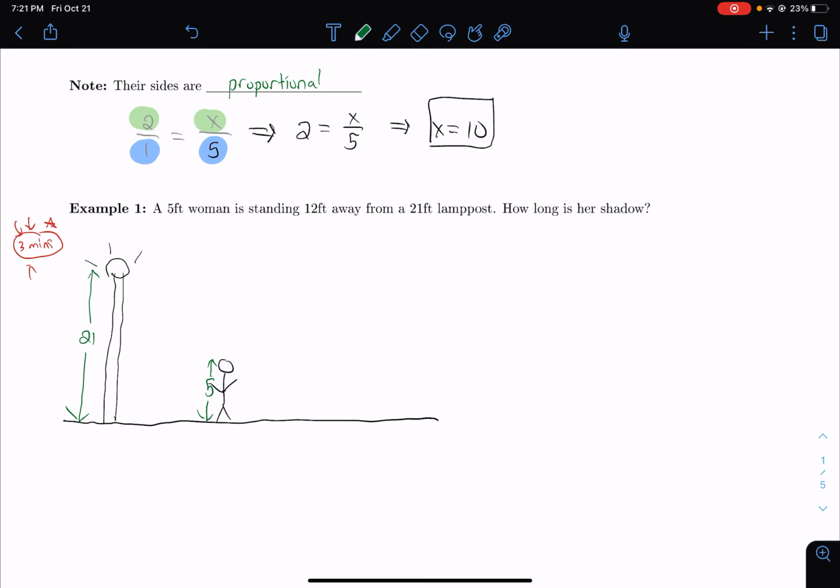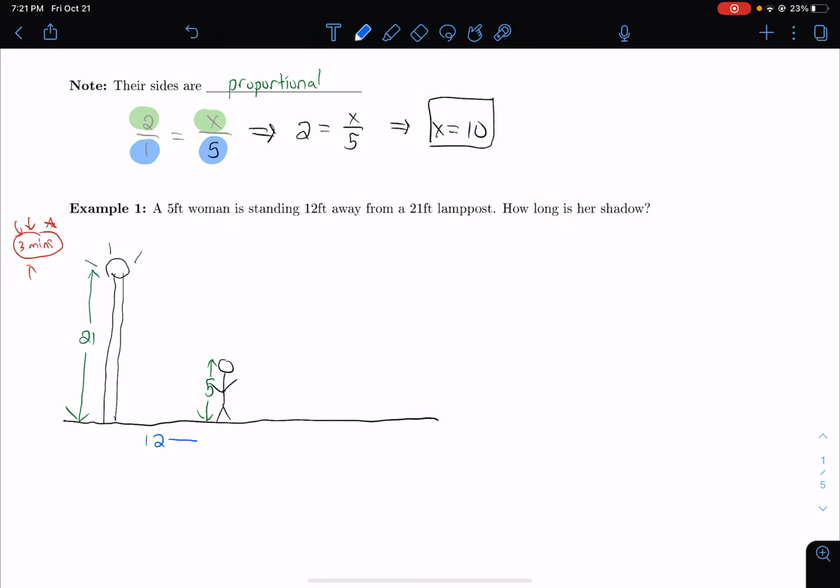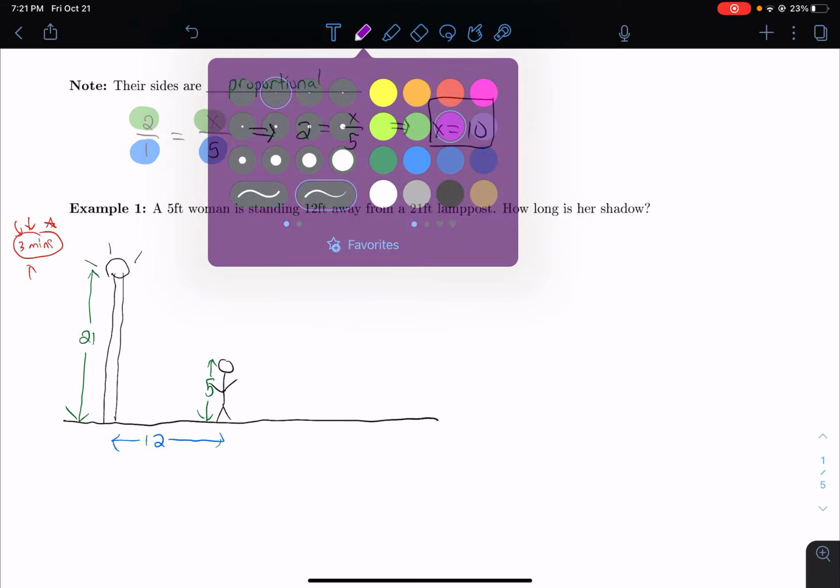And we also know the distance between the lamppost and the woman, given to be 12. The woman is 12 feet away from the lamppost. Then it talks about how long her shadow is, so it's helpful to draw one extra line in the picture.